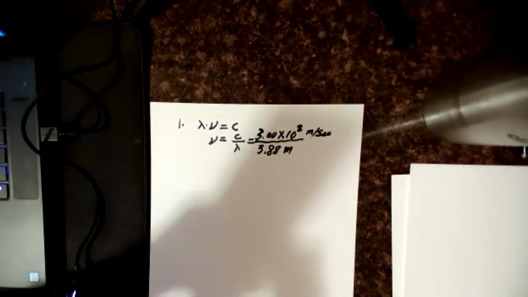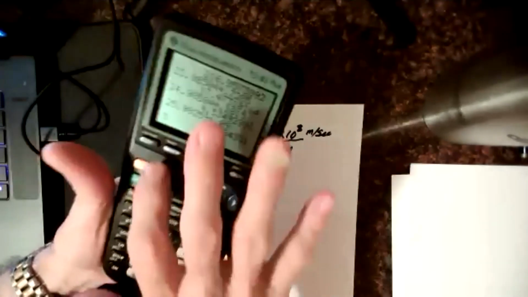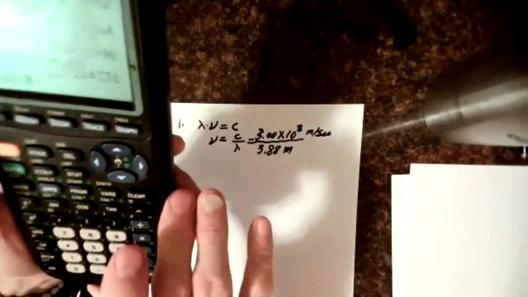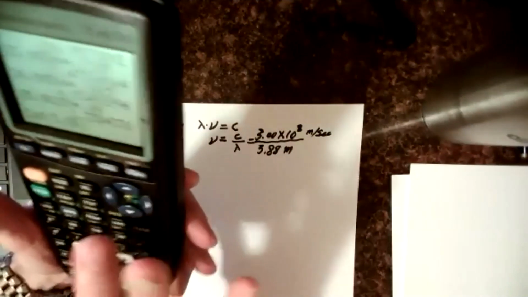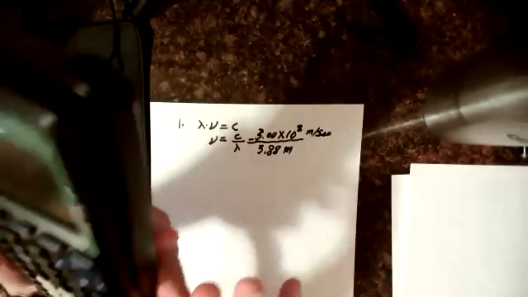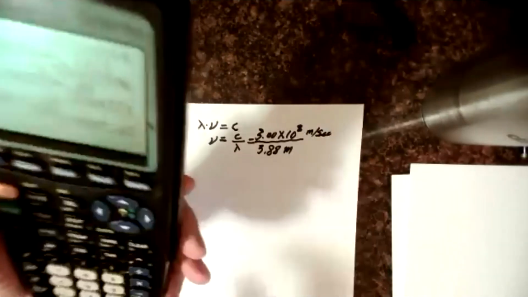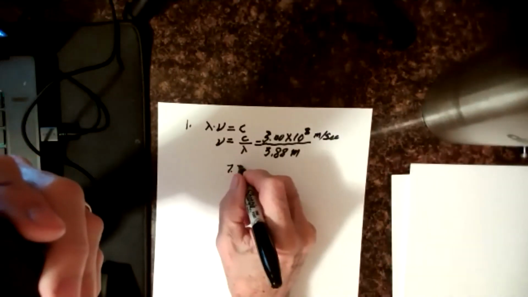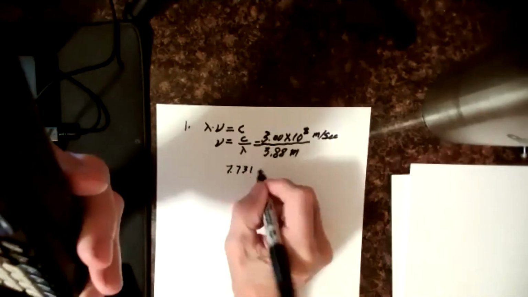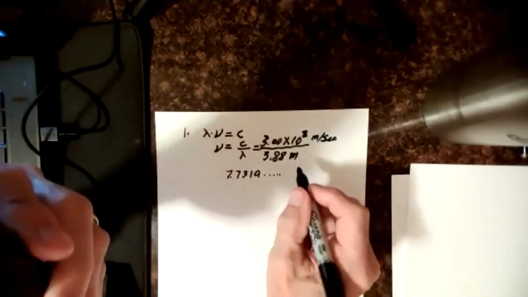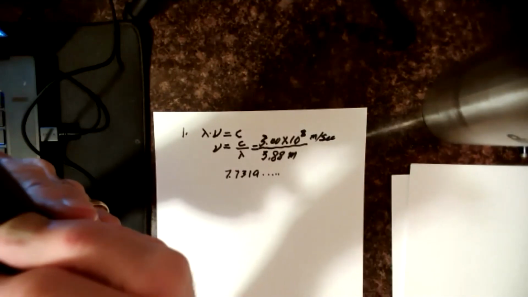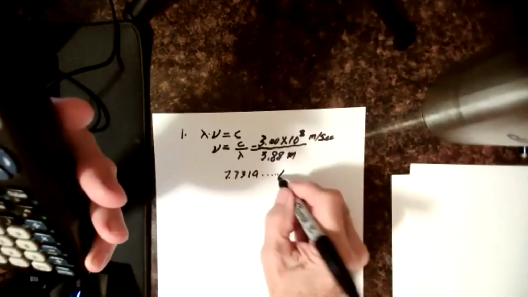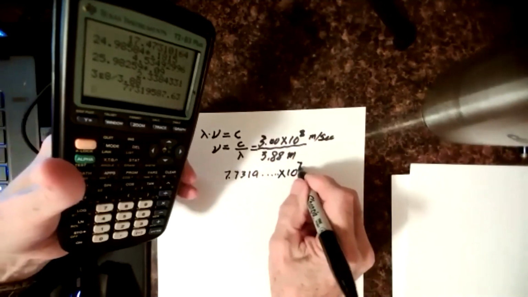So if I take my numbers, 3 times 10 to the 8th divided by 3.88, that gives me 7.7319, a whole bunch of digits. And our power of 10 is 1, 2, 3, 4, 5, 6, 7, so 7.7 times 10 to the 7th.